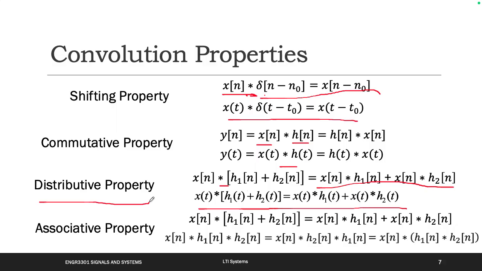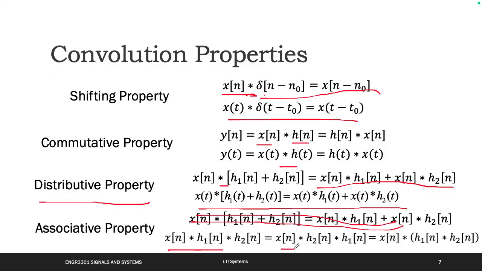And the last one is the associative property. Sorry, I think I put this wrong. Just remove this one. And this one, x[n] convolved with h1[n] convolved with h2[n], which means the order can be changed.